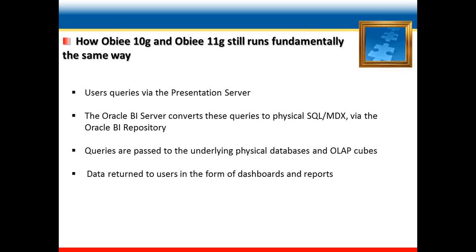So it happens for OBI 10G, and also in the case of OBI 11G, data is returned to the users in the form of dashboards and reports. So all these things run fundamentally the same way in OBI 11G and OBI 10G.